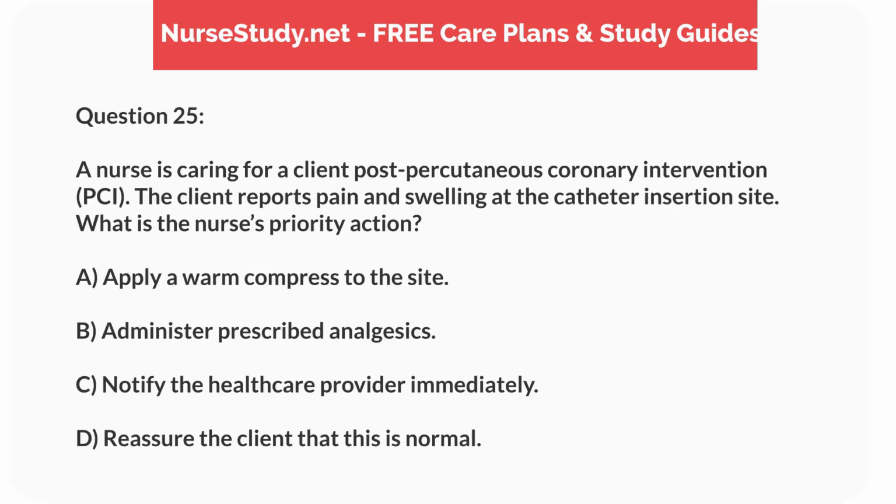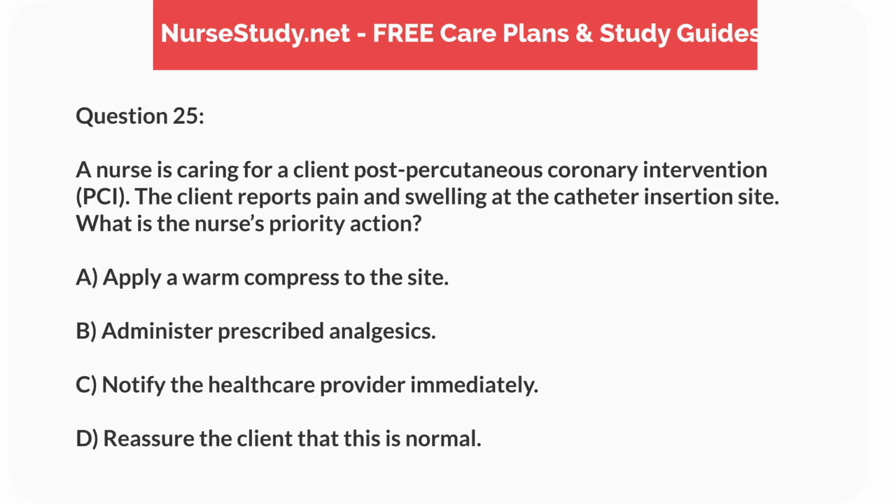Question 25. A nurse is caring for a client post-percutaneous coronary intervention, PCI. The client reports pain and swelling at the catheter insertion site. What is the nurse's priority action? A. Apply a warm compress to the site. B. Administer prescribed analgesics. C. Notify the healthcare provider immediately.